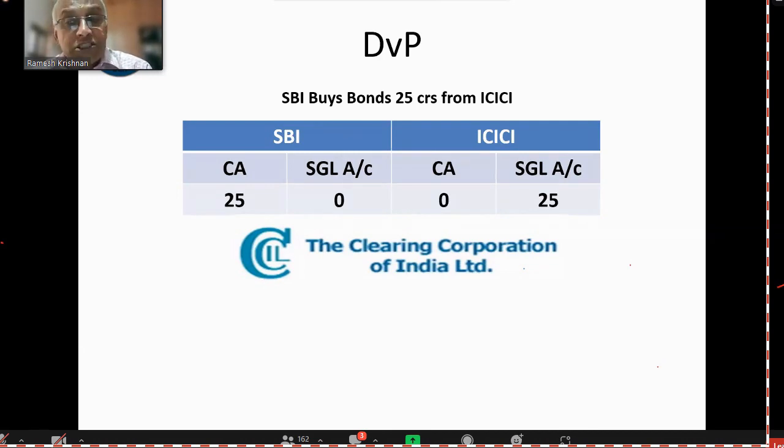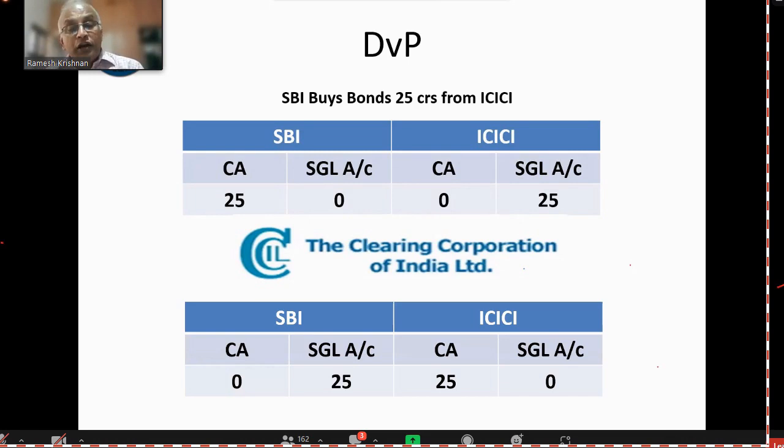So what we need to know is that this becoming a common counterparty is called the concept of novation. Novation means stepping into the shoes of the buyer for the seller and stepping into the shoes of the seller for the buyer. So that stepping into the shoes of the common counterparty is the concept of novation.